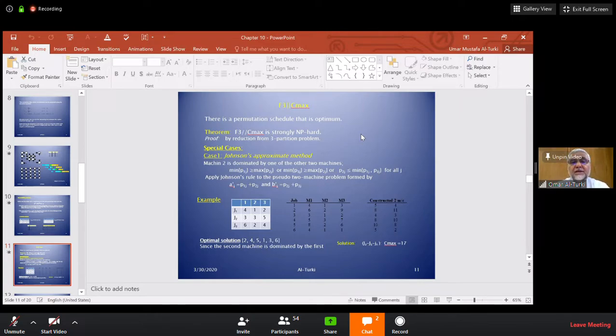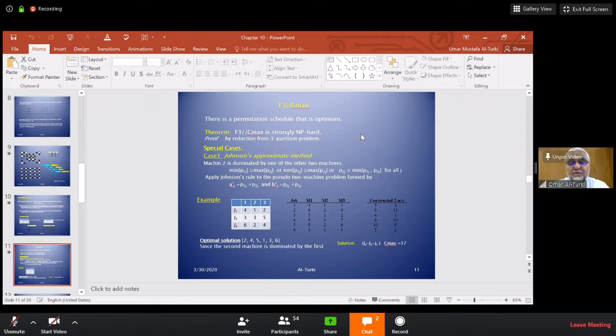Now, the first case is Johnson's approximate method. We are extending Johnson to solve the 3-machine problem. How? One case: if machine 2 is dominated by one of the other 2 machines. What do we mean by a machine is dominated by the other machines?